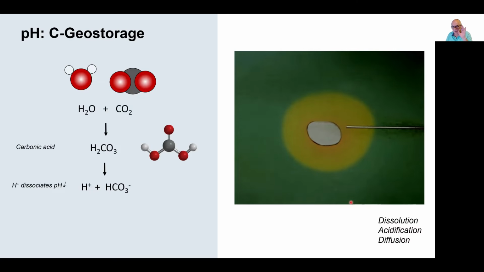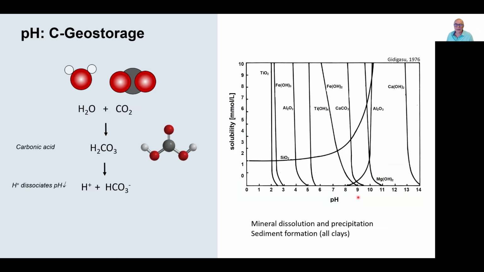We are looking here with a microscope at something that is happening everywhere, wherever we're going to store CO2, or in the subsurface-atmosphere interaction where CO2 is continuously being absorbed as part of the carbon cycle. I said earlier that the importance of pH is that it causes dissolution, and it will cause dissolution either at very high pH, like for example magnesium hydroxide, where the solubility increases, or at very low pH, like for example calcium carbonate.